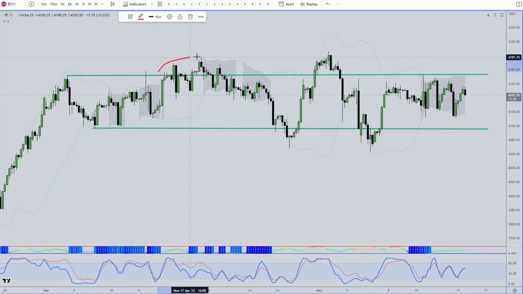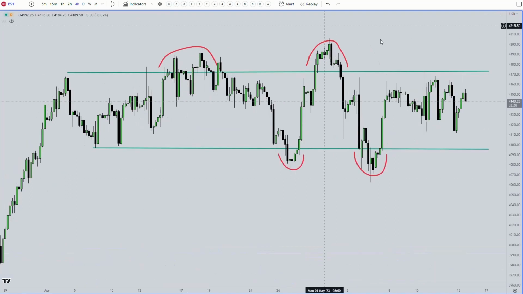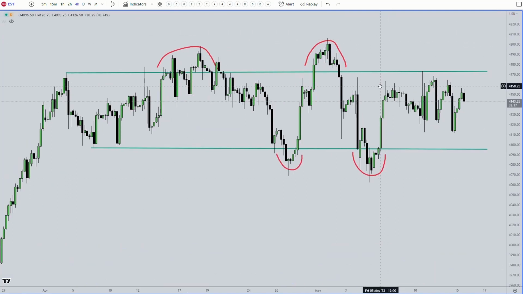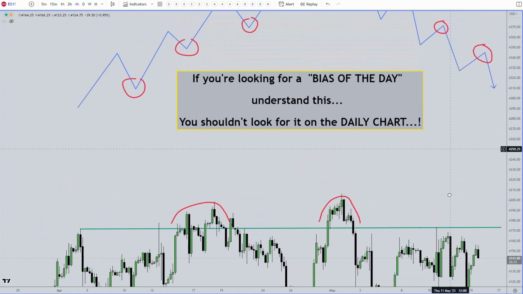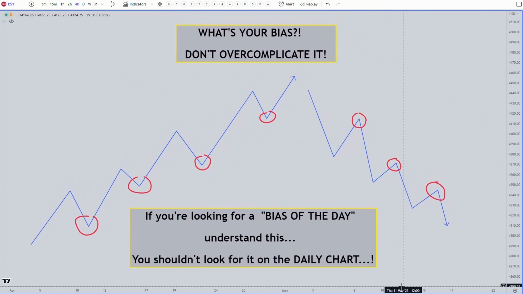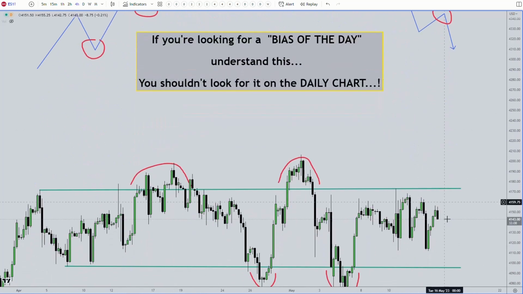Then what you realize is that we've seen one deviation of the highs, a second deviation of the highs, and 2 deviations of the lows within this range that is still ongoing on the 4-hour time frame. So having established that, unfortunately we do not live in this ideal world that we were describing here, meaning we don't have a clear trend to the upside or the downside.